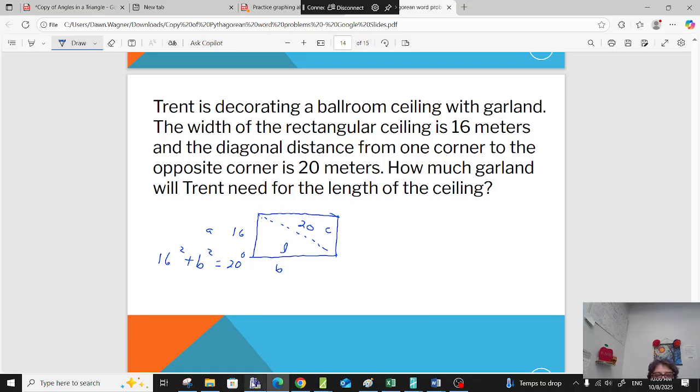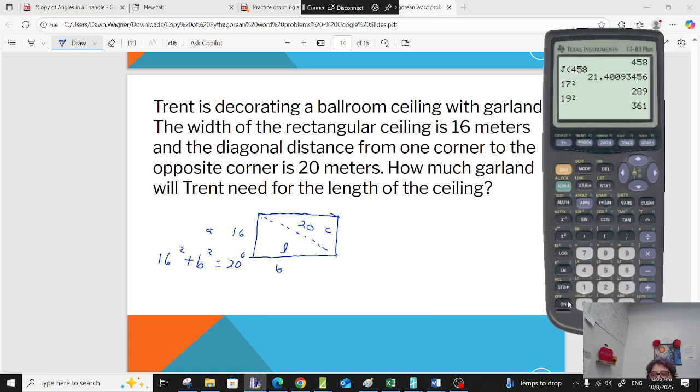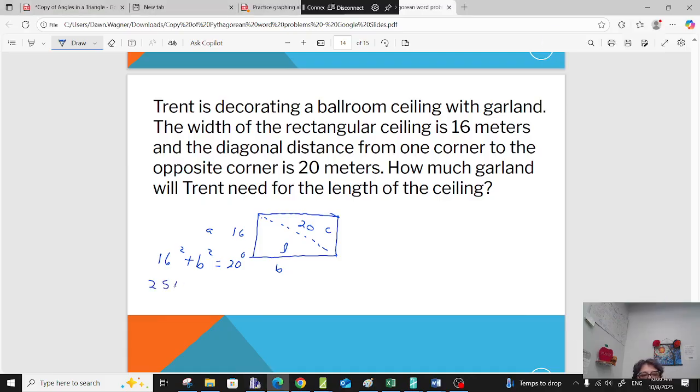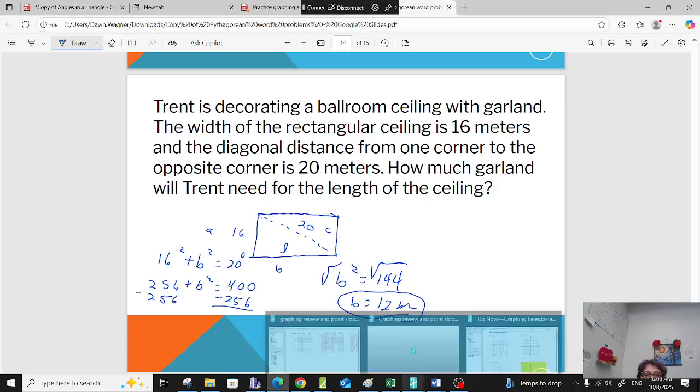So your handy dandy calculator, what is 16 squared? 256 plus B squared is equal to 400. I'm going to subtract 256, so B squared is equal to 144. When I take the square root of both sides, B is equal to 12 meters. I don't put those meters on.